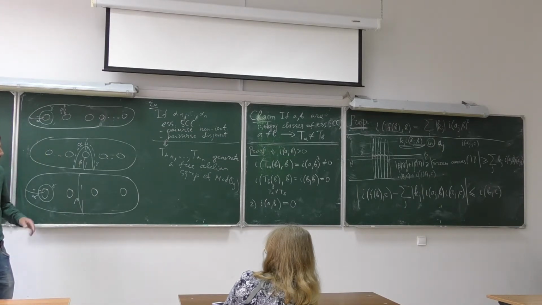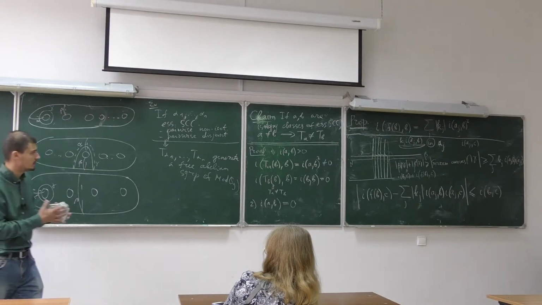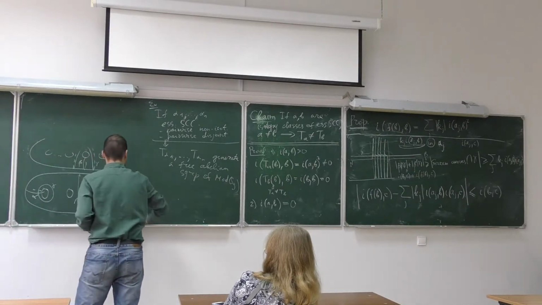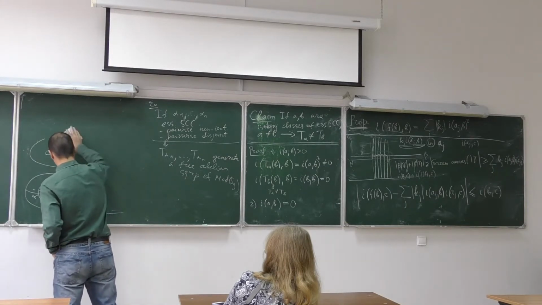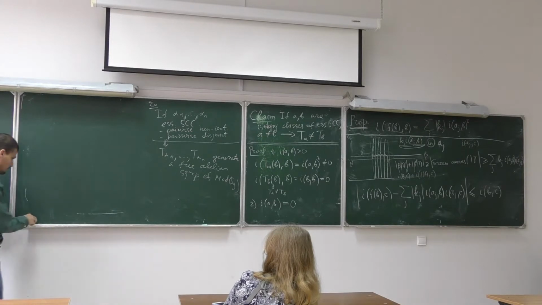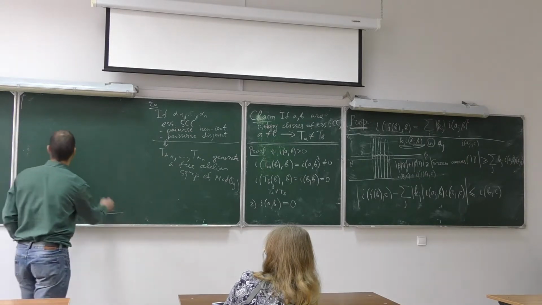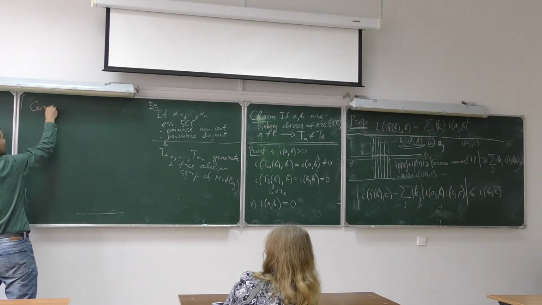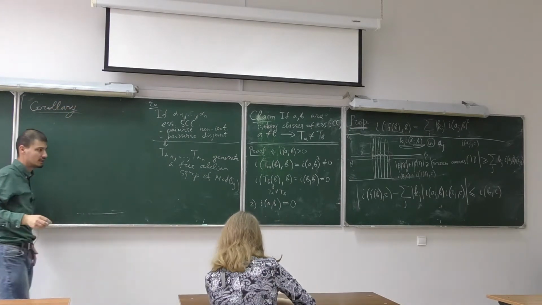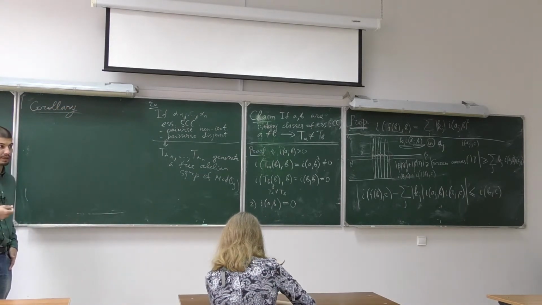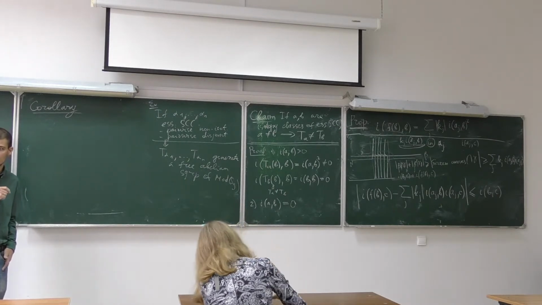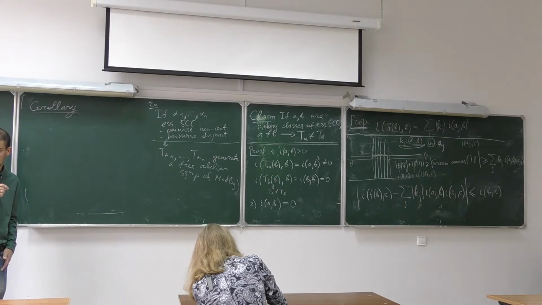And another easy but important consequence is the following corollary, which I just formulate, and then we will stop, more or less. Corollary: assume that there is a mapping class which commutes with a Dehn twist.